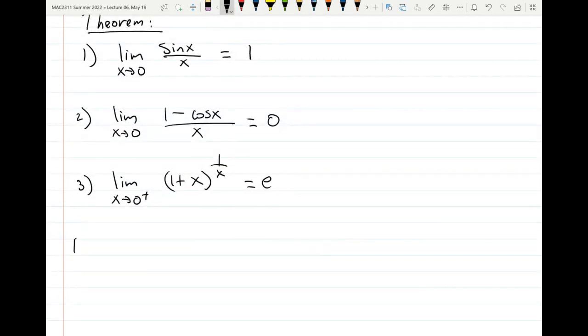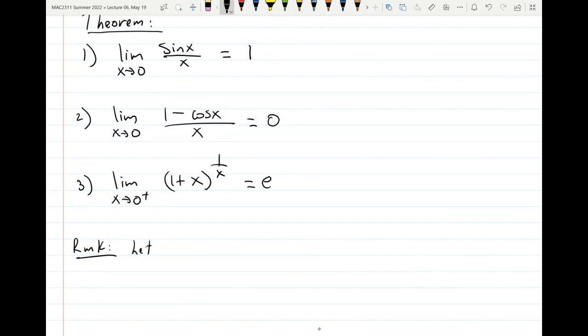But let me actually do a little remark because this limit, the way it's showing up, is not really naturally how e is defined. So I'm going to make a change of variables, and this way I'm going to show you another technique that you can use when you compute limits. You can change variables. Here is what I mean. So for number 3, this is about limit number 3.